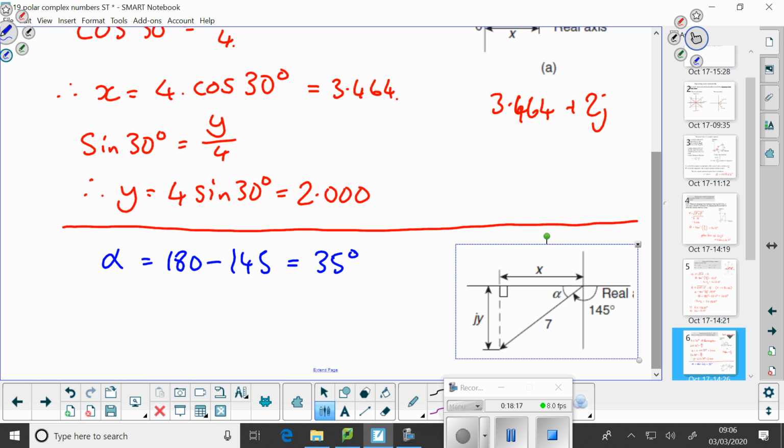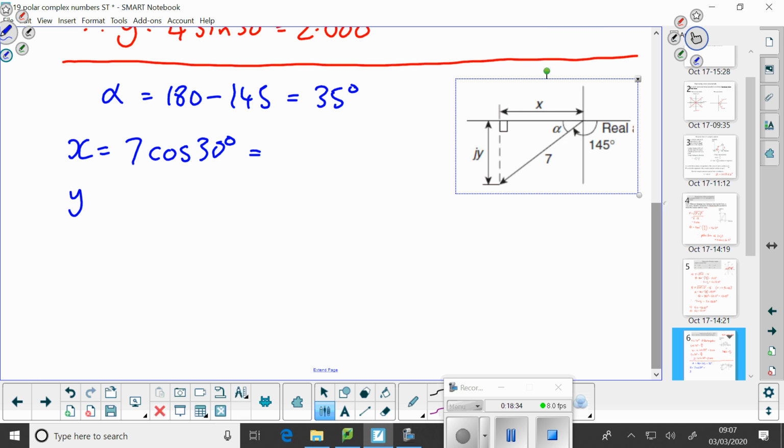Then we can go x is 7 cos 35 degrees, and y is 7 sine 35 degrees. Four sig fig, please.